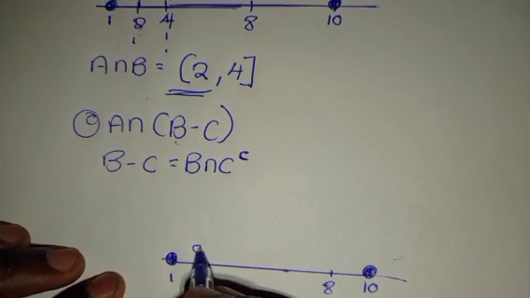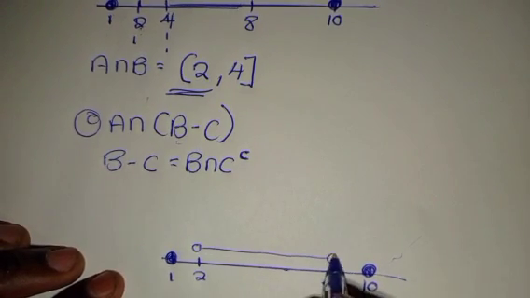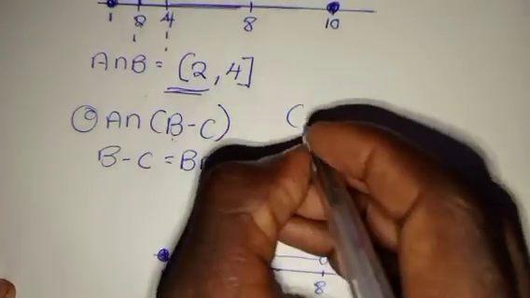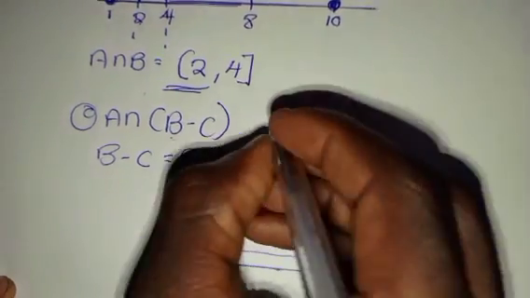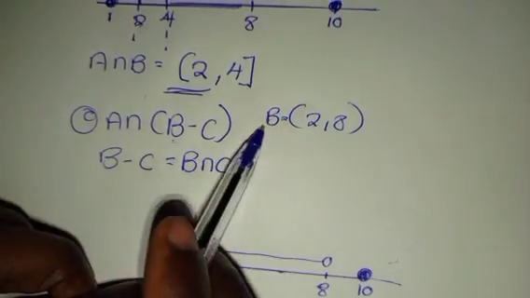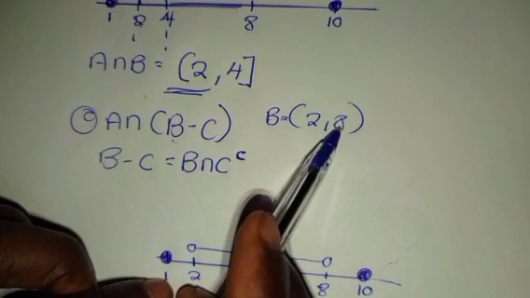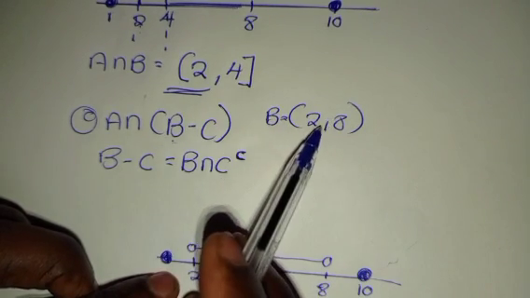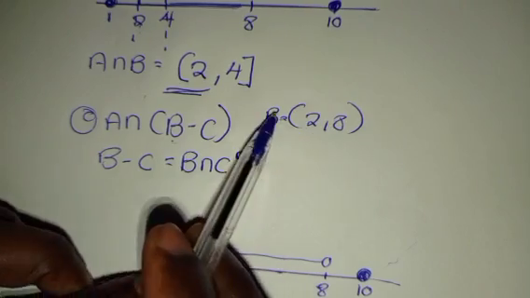So from here all the way to there was what our B was. Remember, B was 2,8. It was this kind. And these braces denote to say 2 is not part of B, nor is 8 part of B. But the numbers in between are part of what?